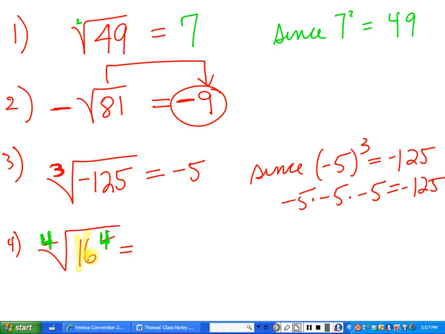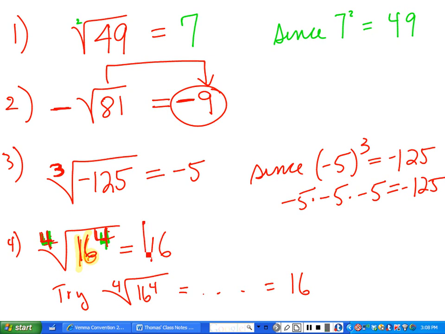So the answer is just the big number, which is 16. You can always try it the long way. What is 16 to the 4th? Put it in your calculator and you would get 16. But if you just know that these are the same, technically, when these are even numbers, the answer is the absolute value of that number. What's the absolute value of 16? It's 16.